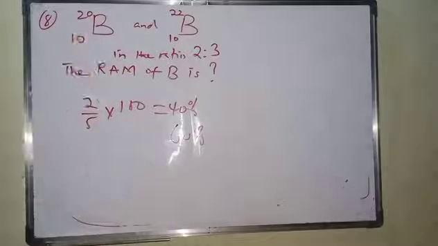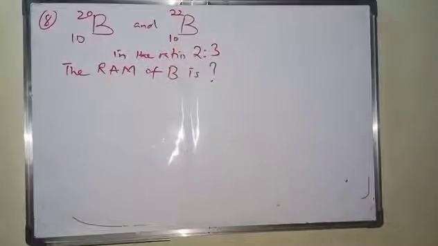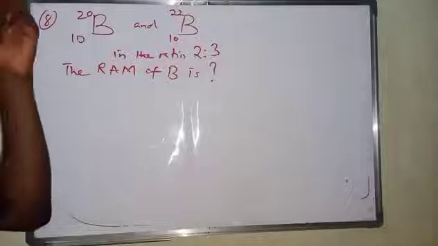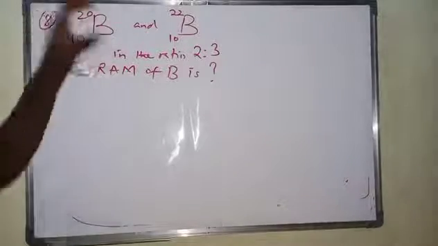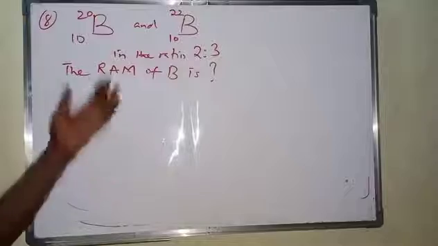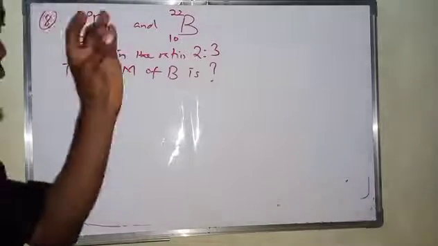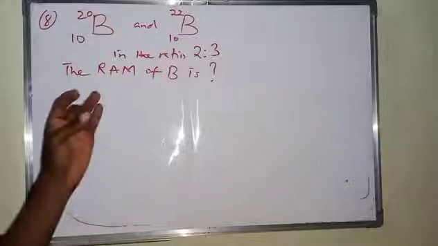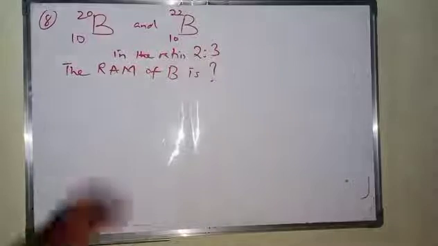So the question says you should find the relative atomic mass of B. So what is relative atomic mass? Every atom has its atomic mass, but because of the existence of isotopy, some atoms will have isotopes with different atomic masses. It means we cannot pick one of the masses as the atomic mass for the element.